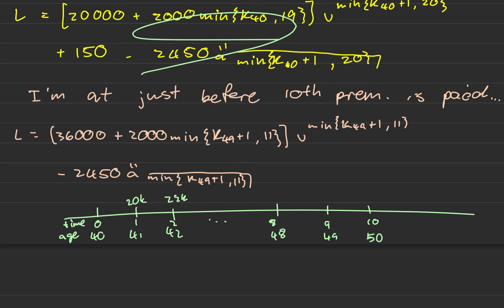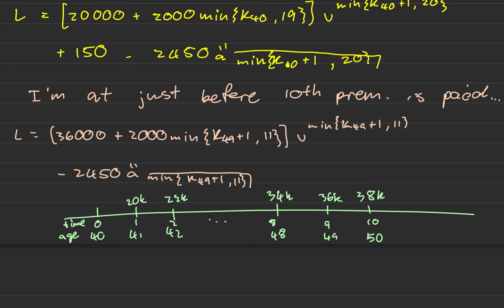Okay, 9 increases of 2,000 Rand is 18,000 Rand worth of increases. So 18,000 plus 20,000 is 38,000. So I'm expecting the sum assured here to be 38,000. So that means, working backwards, that would be 36,000, and that would be 34,000. Okay, so why does this make sense?